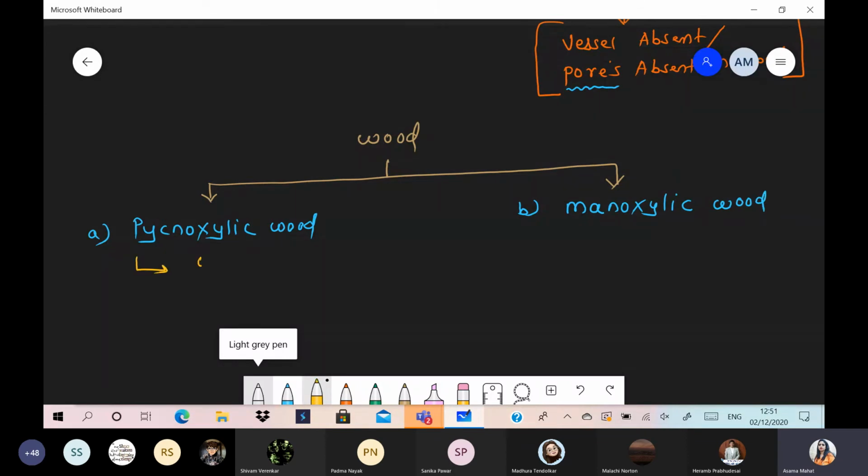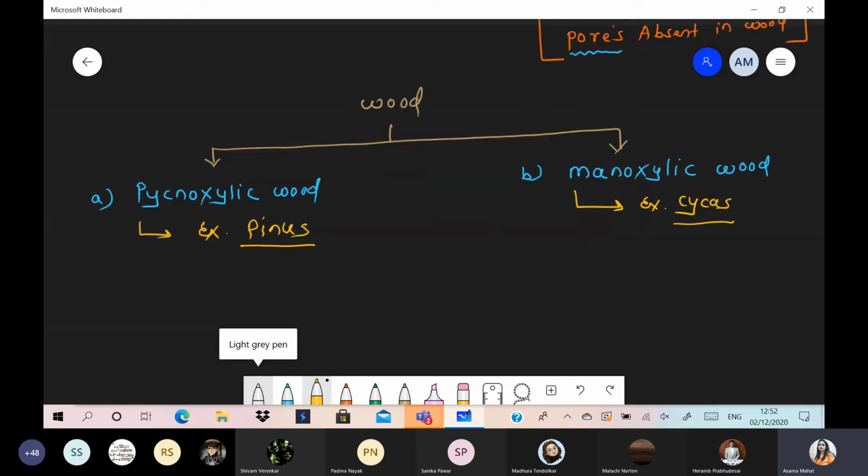Under the pycnocyclic wood we are taking the example of pinus. So what is the meaning of pycnocyclic and what is the meaning of manocyclic?